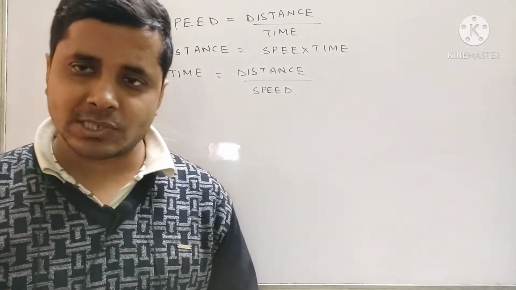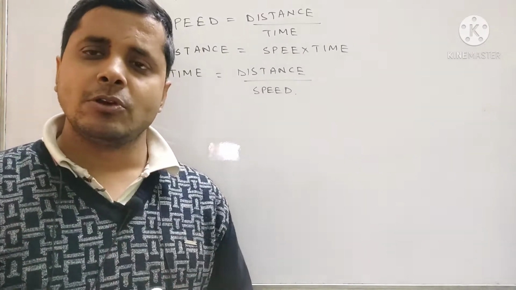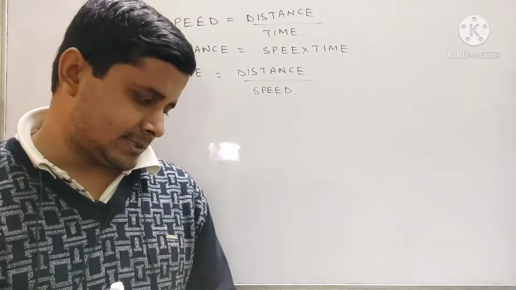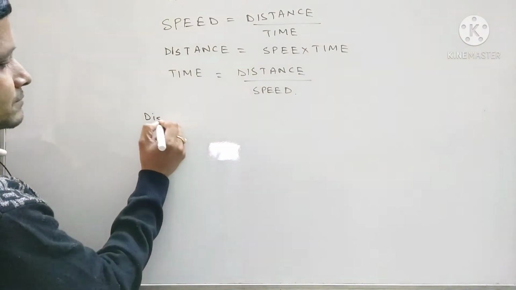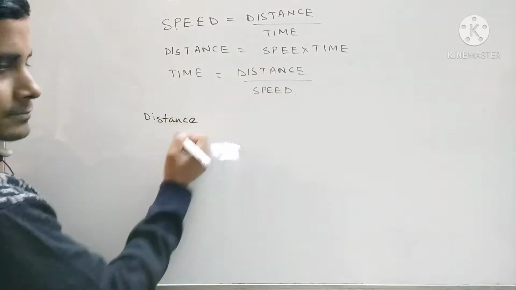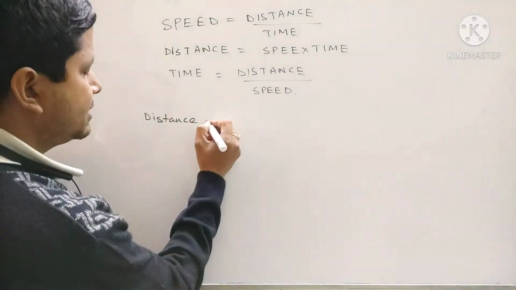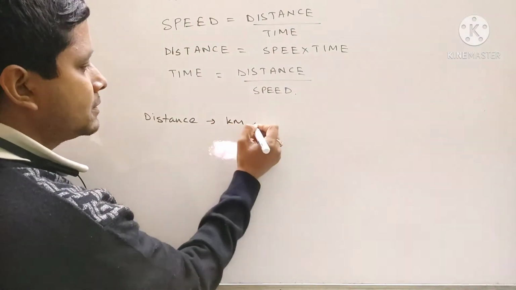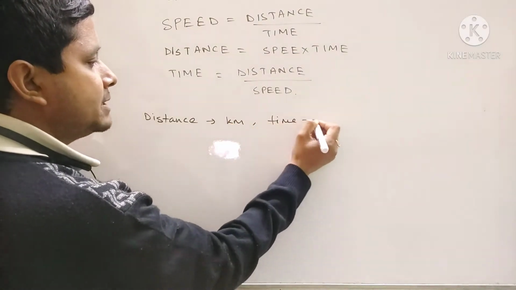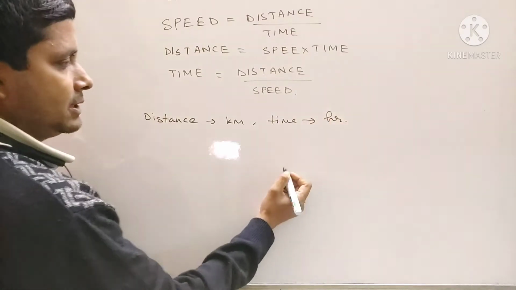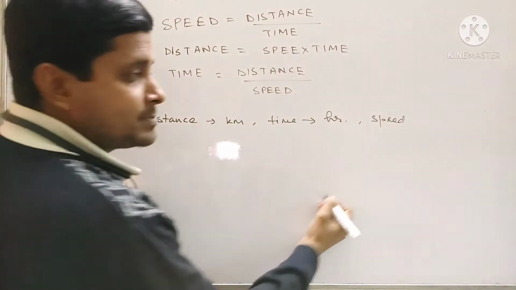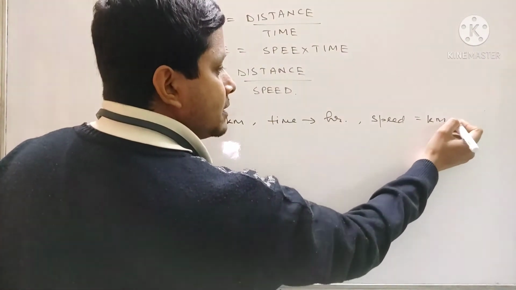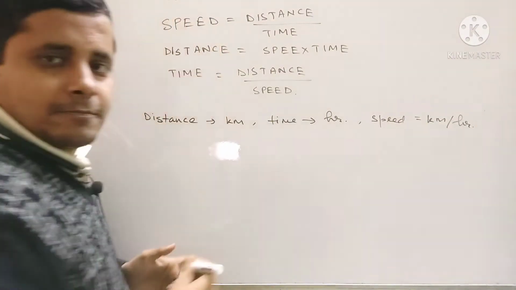But now we have to understand what units are used for these three quantities. Remember that if the distance is in kilometer and time is in hour, then the speed will be in kilometer per hour. Clear?